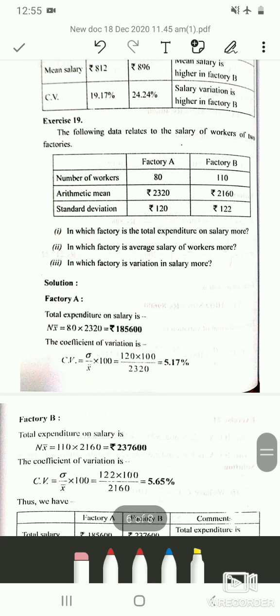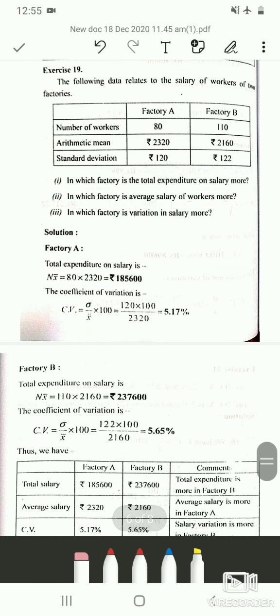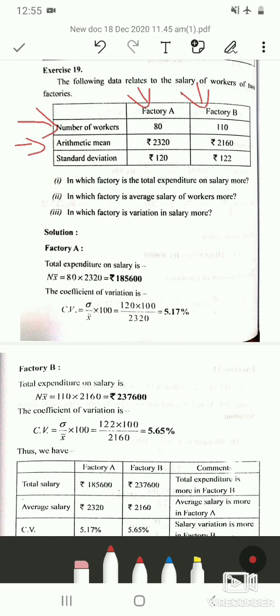So let us see the next question. So these types of questions will be asked for your case studies. So the question is, the following data relates to the salary of workers of two factories. So they have given factory A and factory B, and they have already computed the values of arithmetic mean and standard deviation.